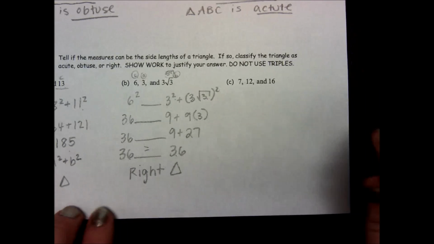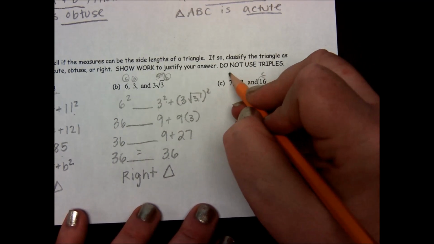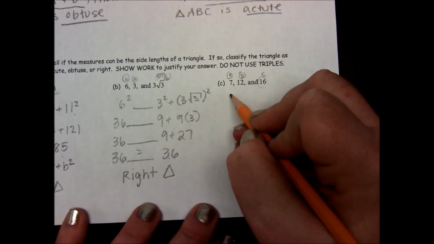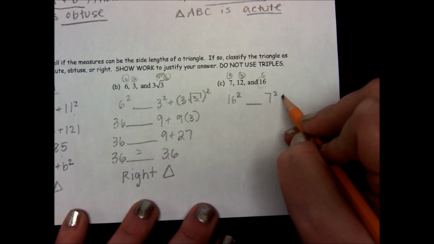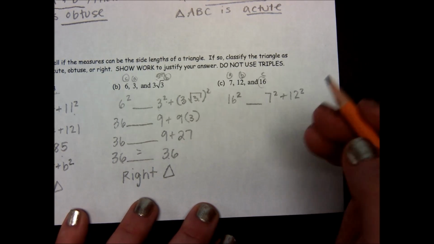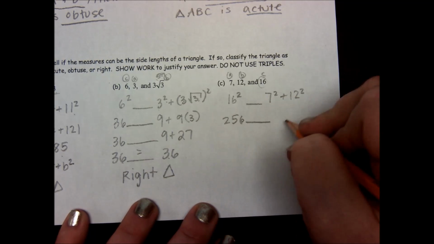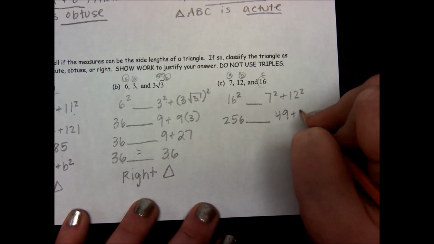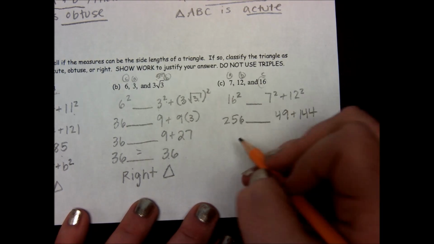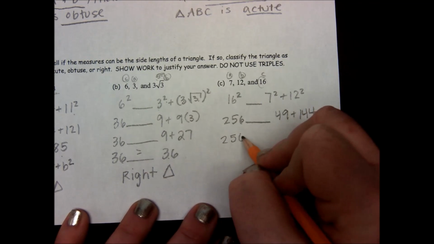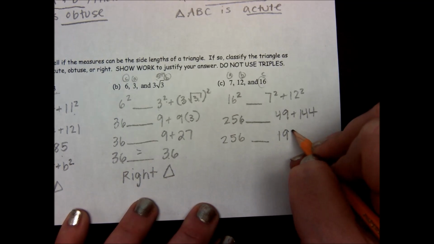And let's do the last one. 16 is my biggest side, so it's C, so these would be A and B. So 16 squared, and then 7 squared plus 12 squared. Well, 16 squared is 256, and then I have 49 plus 144, and these are 193.